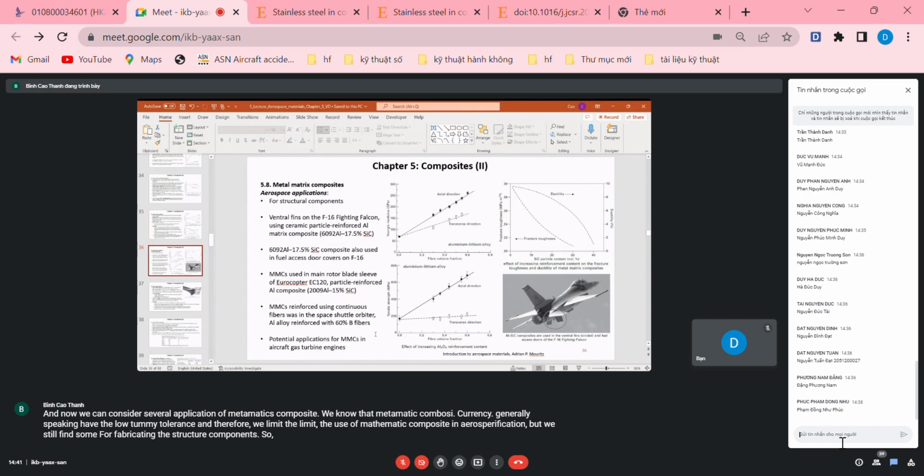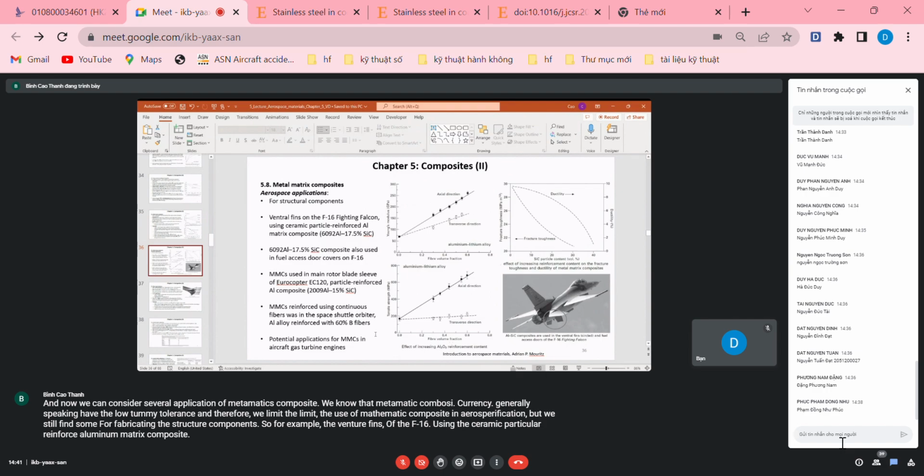So, for example, the ventral fins of the F-16 using the ceramic particle reinforced aluminum matrix composite. Specifically, using 17.5% of silicon carbide reinforced with a 6000 series aluminum base matrix.